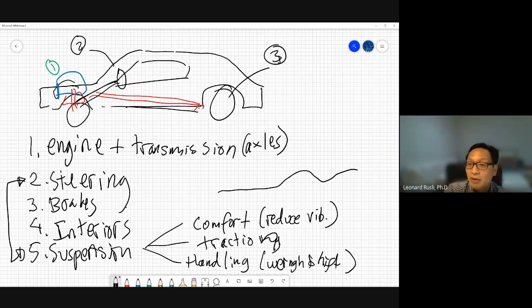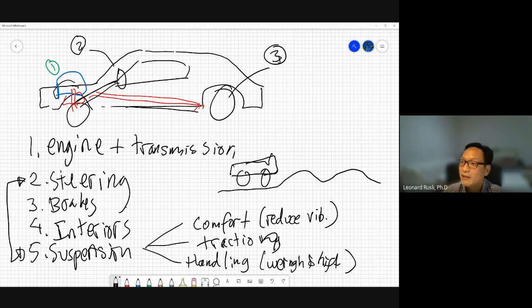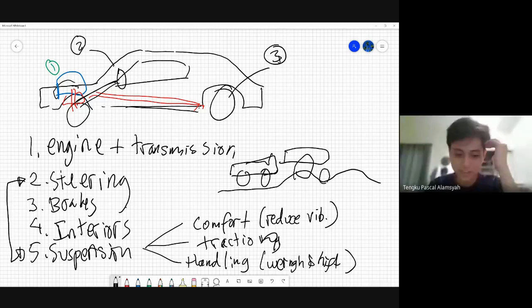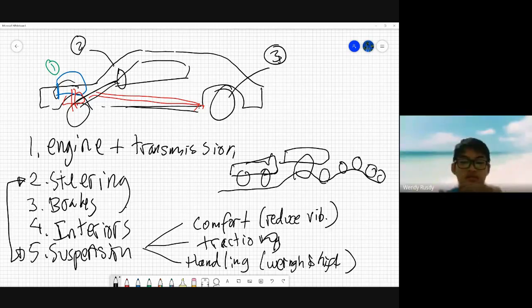So when you have bumps, kalian pernah lihat nggak kalau mobil lagi, terutama mobil bagus ya, kalau lewatin bumps, what happens to the wheel and the chassis? Chassis-nya diem, rodanya yang naik. Iya. Ada gap, Pak.